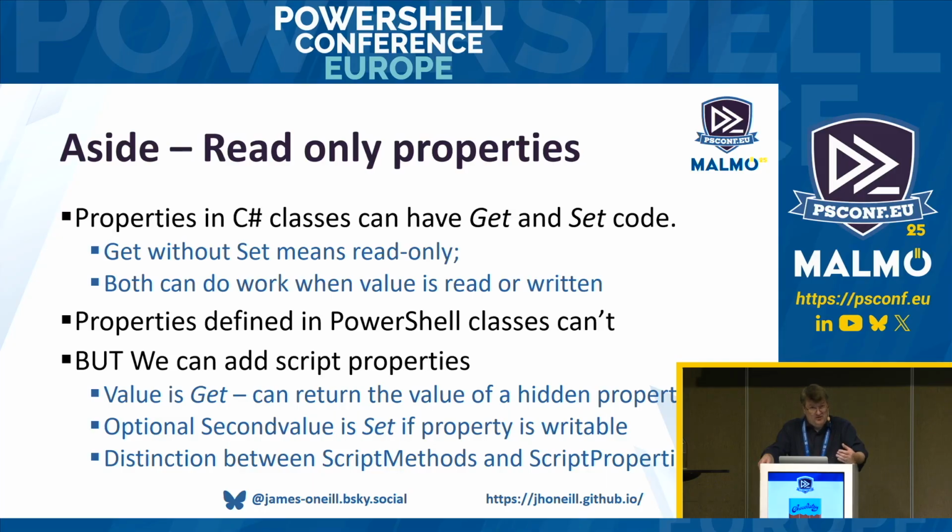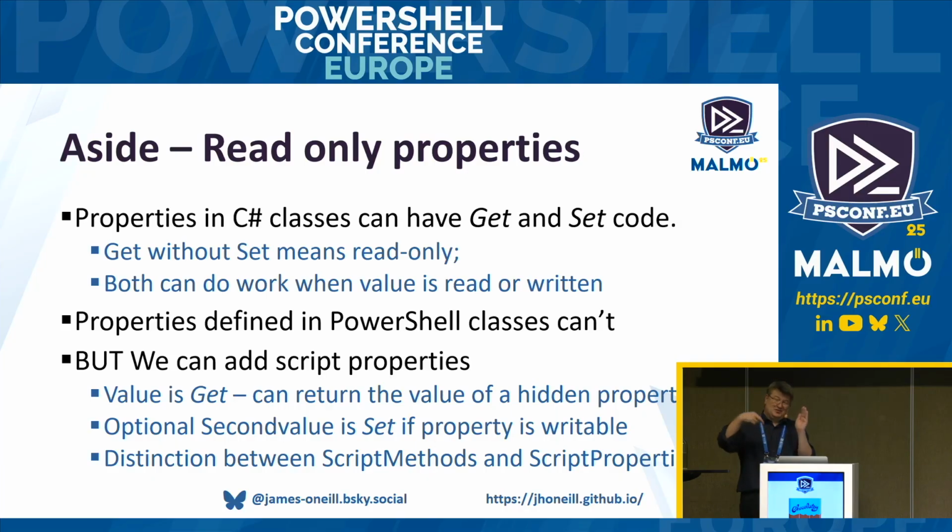Now, you can't write that get and set code in a PowerShell class, but you can add it with script properties using add member or update type data. So if you want to have a read-only property, basically you have another property that you can't see with a different name, and then you create a script property to get it. If you want a calculated property, you have a script property.